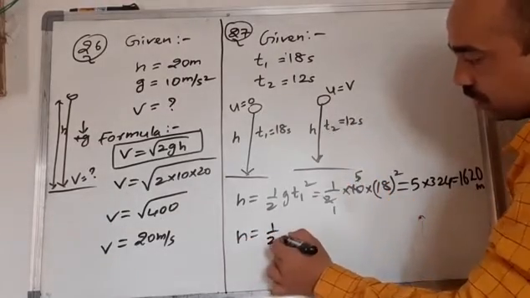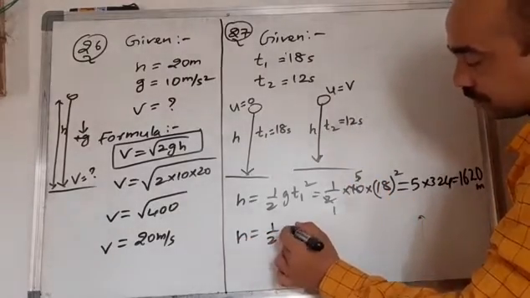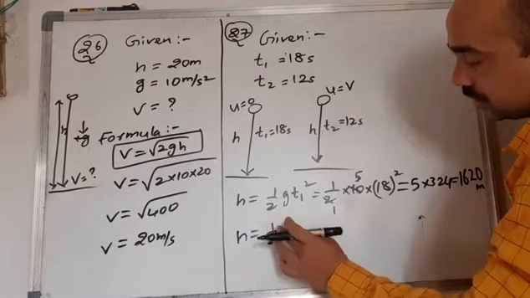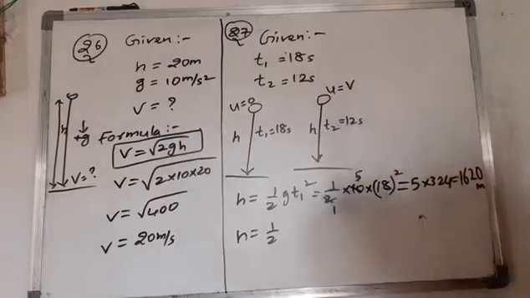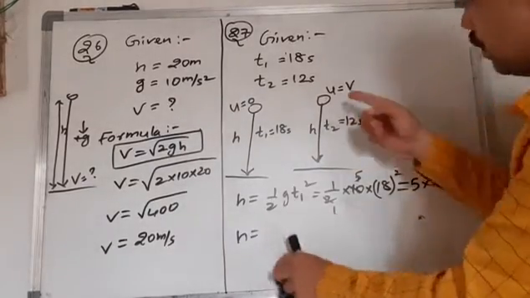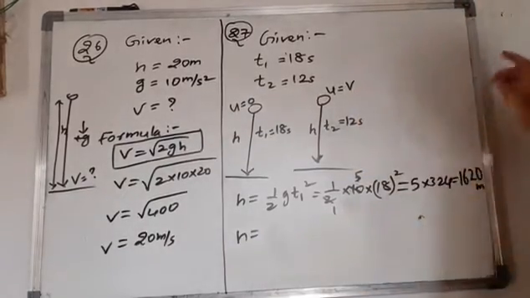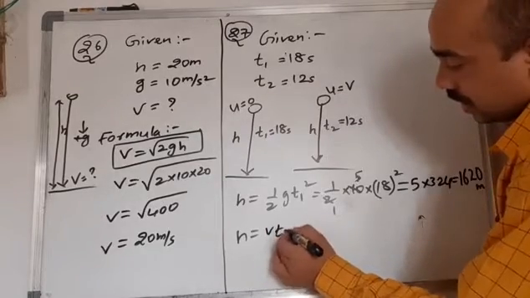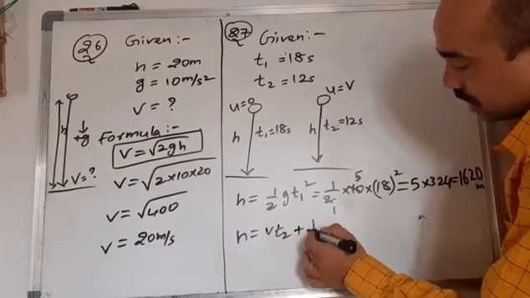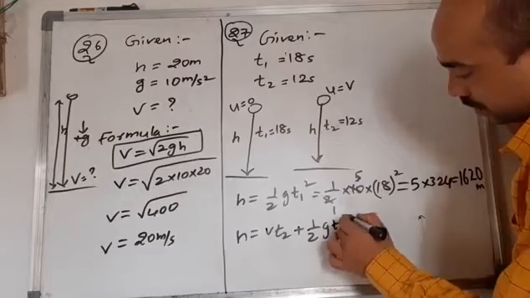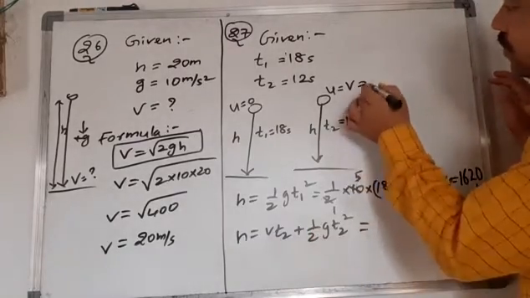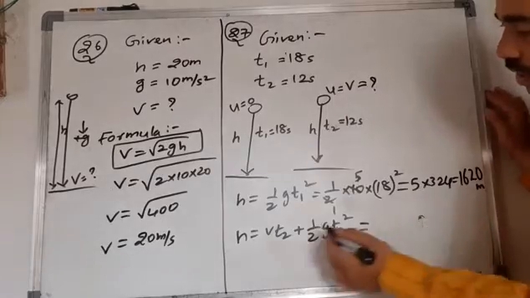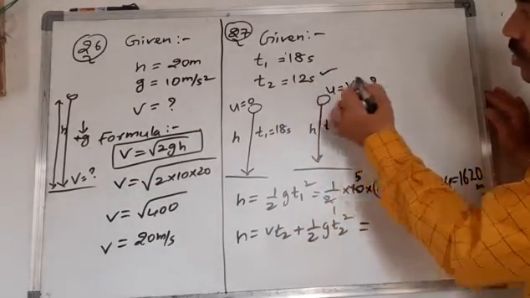Now we already got h using this time. Now what you have to do? It is coming with velocity. So h is equal to v t2 plus half g t2 square. It is coming with velocity, right? So v we don't know, v we have to find. t2 we know, it is 12 seconds.